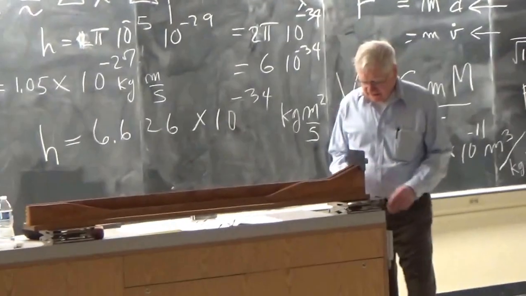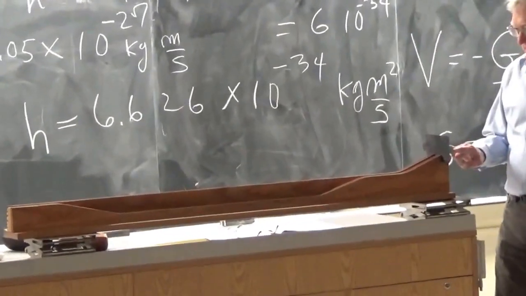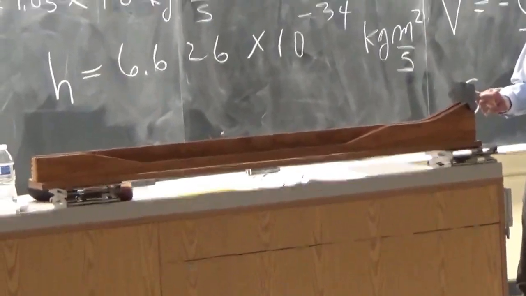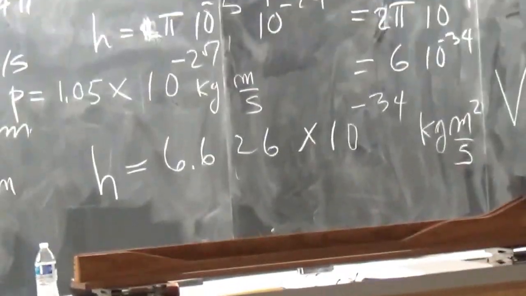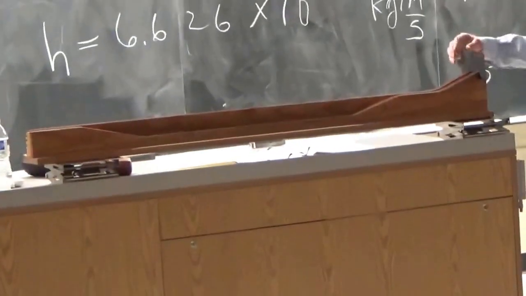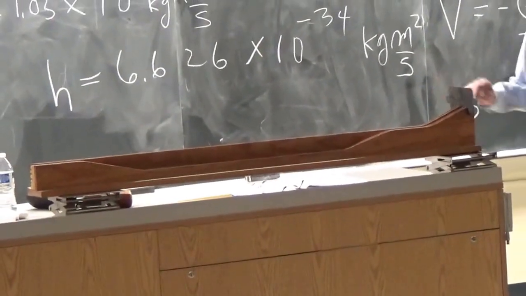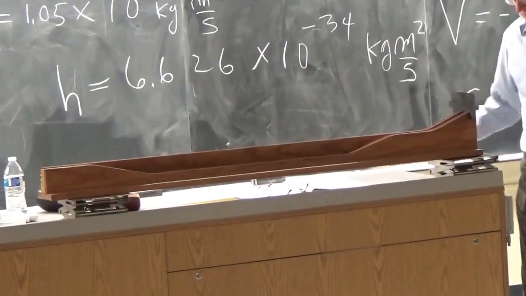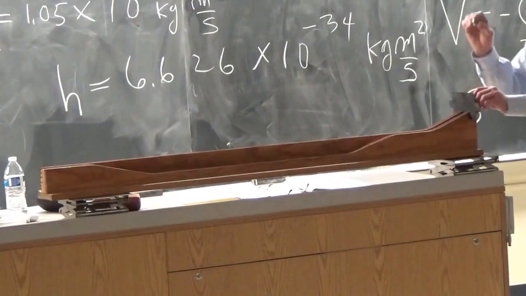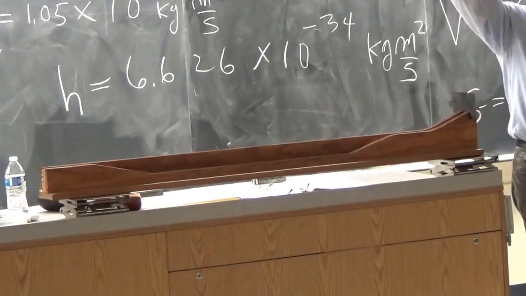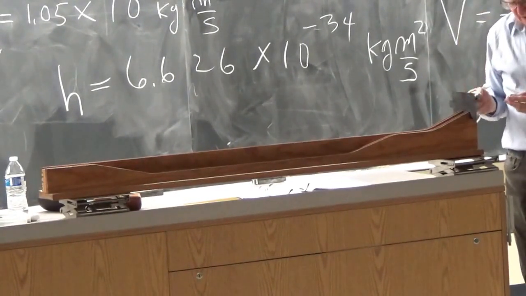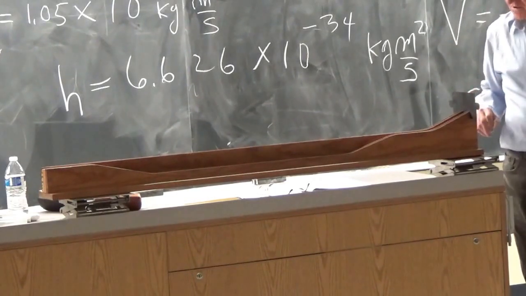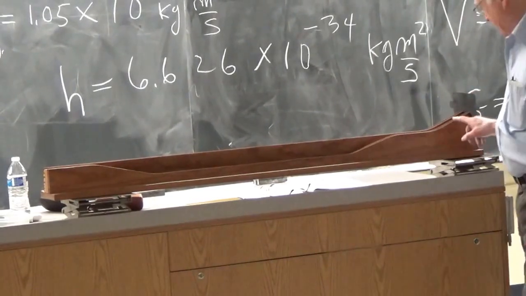We can get an idea of potential energy and kinetic energy and so forth in this demo. I've done various demos of this effect. And here, you see there are two metal balls, solid metal balls, and there are two tracks.